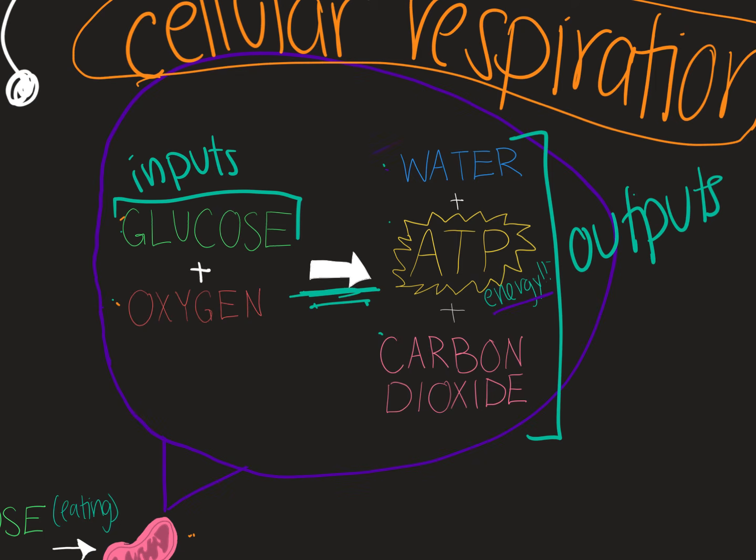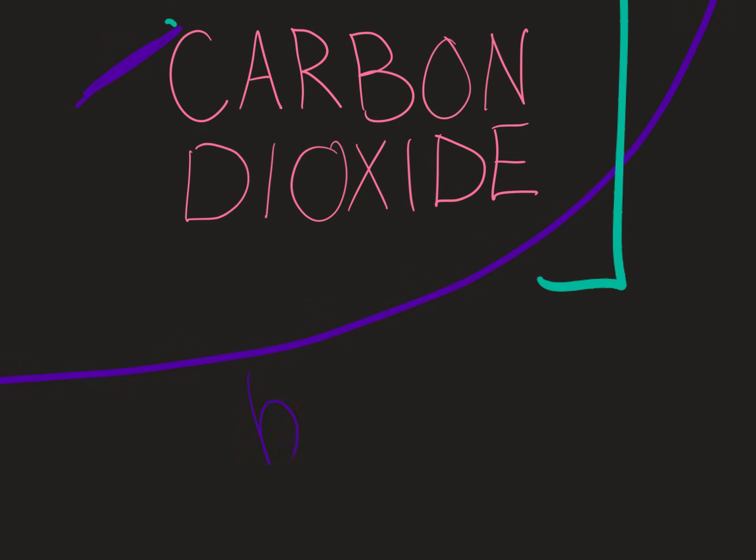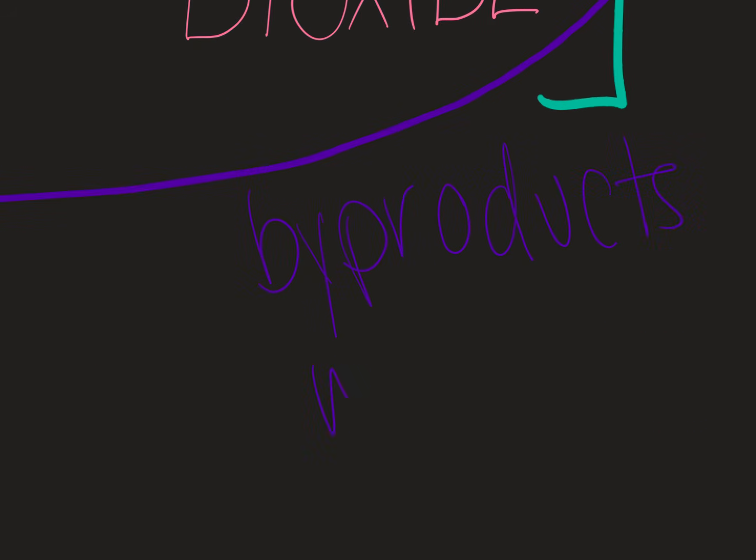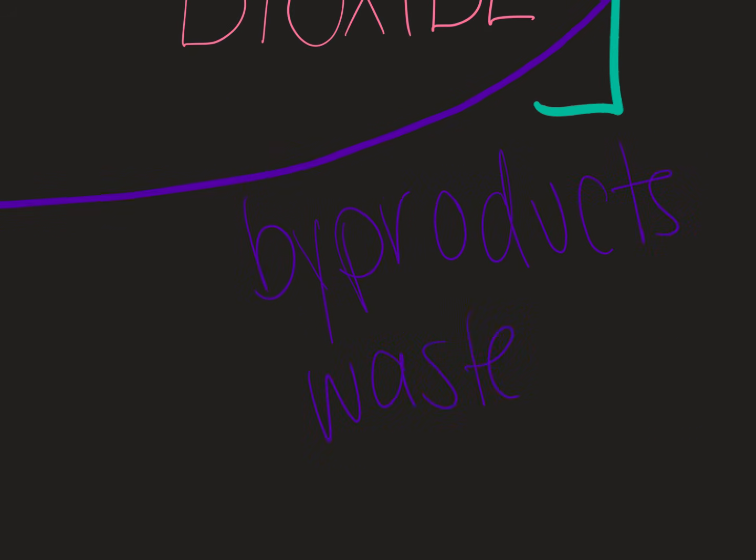Now this water and this carbon dioxide, they are not the main point of this process, so they are called byproducts. They are waste products. They are trash.